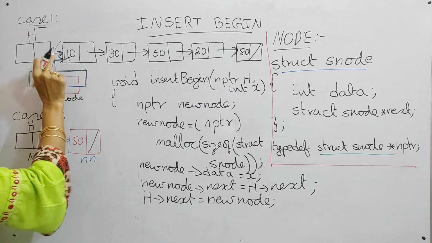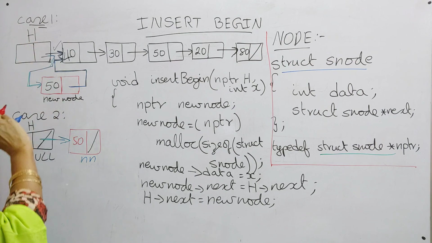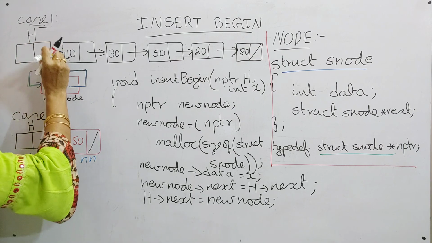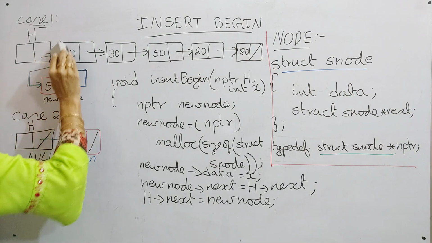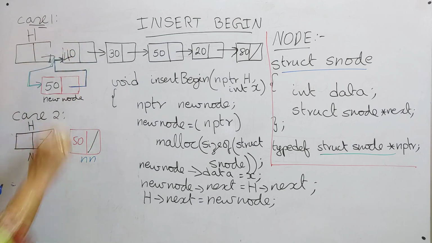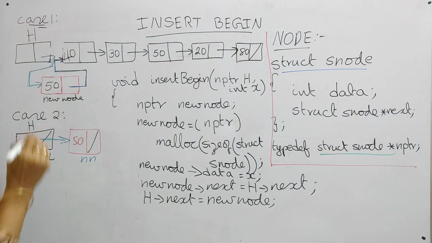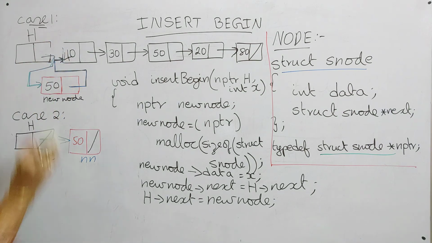Once you have assigned H next is equal to new node, then what will happen? Now this link will be automatically deleted, because we have assigned for H next. Before, H next was equal to this 40 node. But now it has been changed.